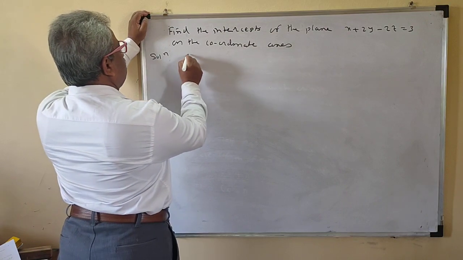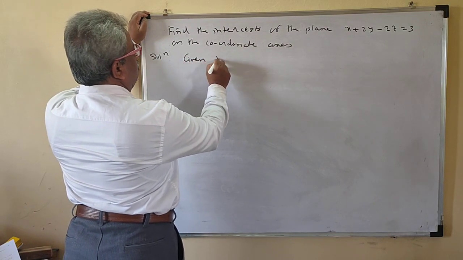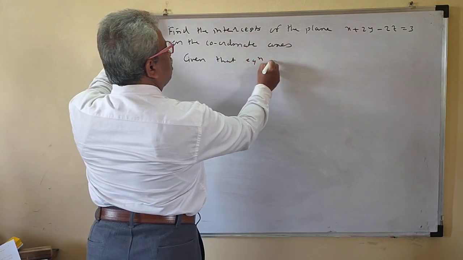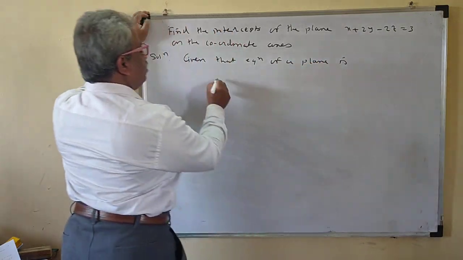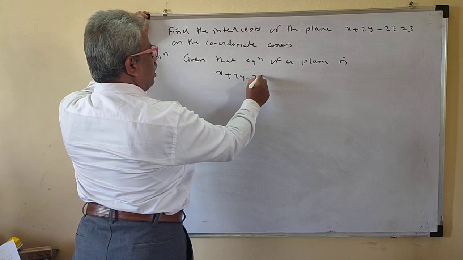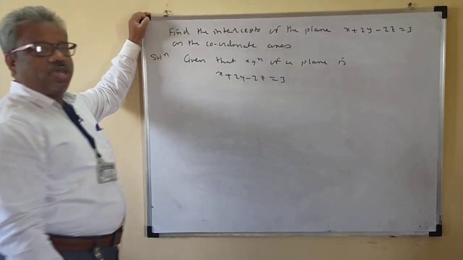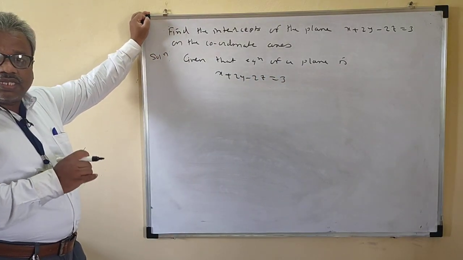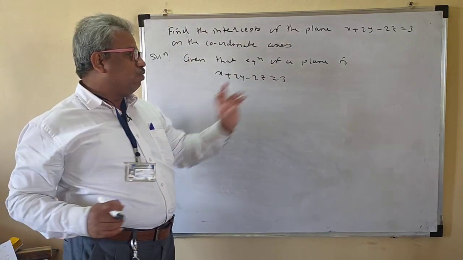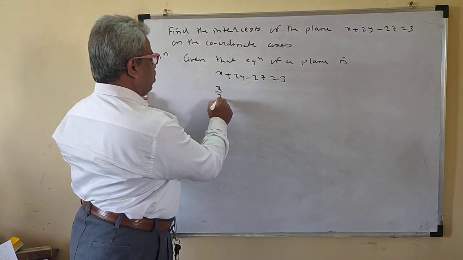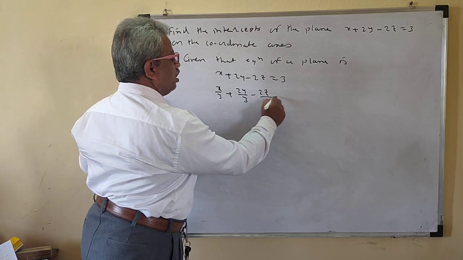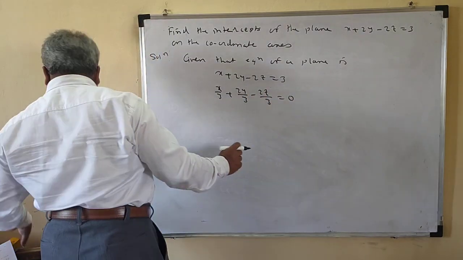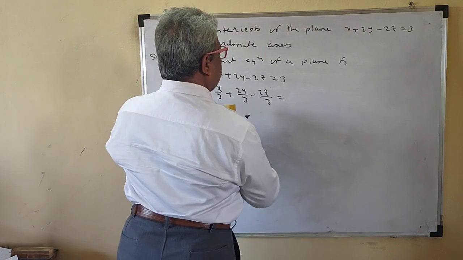First, given that the equation of the plane is x plus 2y minus 2z is equal to 3, we will convert this equation into the intercept form. I want 1 on the right side, so x upon 3 plus 2y upon 3 minus 2z upon 3 is equal to 1.